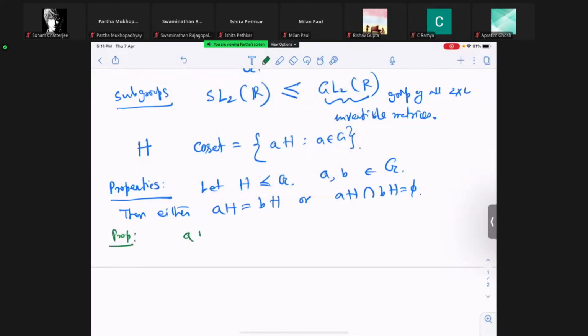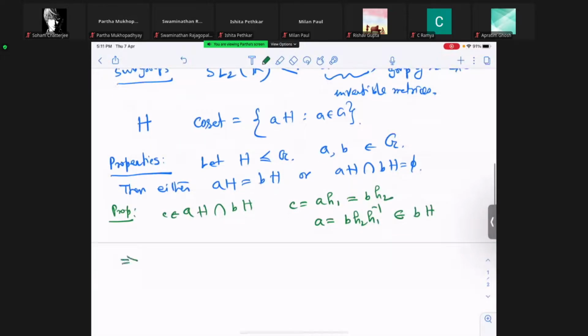If they intersect, there would be an element c inside both. So c you can write as a h1, which can also be written as b h2. So a will be b h2 h1 inverse, which will be in the coset bH. This implies aH is a subset of bH. Similarly, bH is a subset of aH by a symmetric argument. So cosets are disjoint.